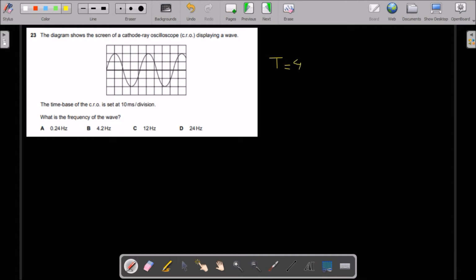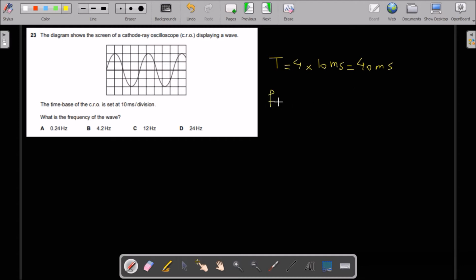So nearly 4, a little bit more than 4, but we consider 4, and then after finding the result we approximate. 4 squares times time base of 10 milliseconds. So the answer will be 40 millisecond. So this is the time period.